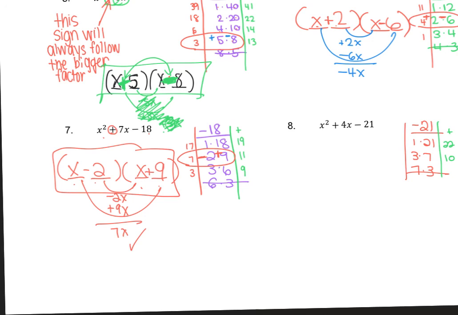Subtraction, I have 20 or 4. 4 was what I was looking for. And I want positive 4. So the 7 needs to be positive, the 3 needs to be negative. Filling in for my binomial, I have x, I have x, I have plus 7 minus 3.